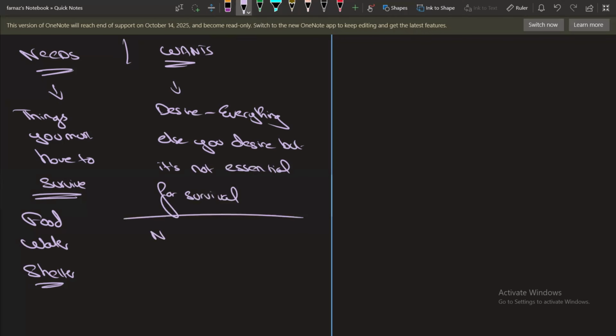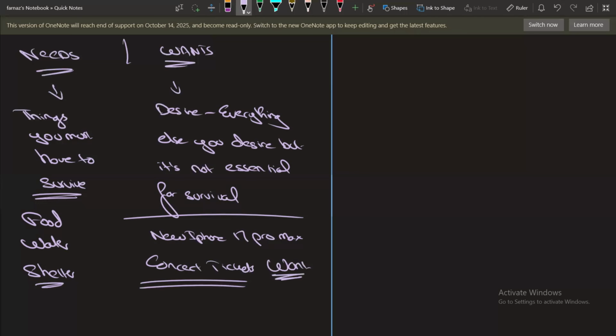For example, the new iPhone 17 Pro Max, designer clothes, concert tickets, all of this. This is all a want. Concert tickets is not a need. It's a want. Okay. You can survive without it, no matter how much you say, oh, I want to listen to the concert of Travis Scott or whatever. Okay, this does not work like that. Okay, it's a want. So I hope that you understood the difference between need and a want, and we are good to go and move forward. Okay.